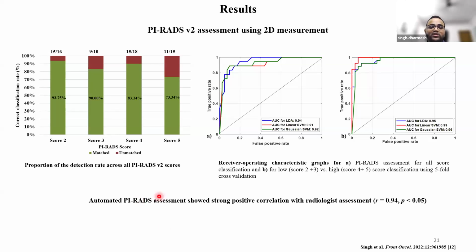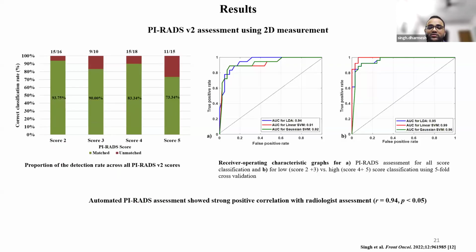On the left, the radiologist-based manual assessment, like our AI-based manual assessment, achieved around 93.75% accuracy for score 2, 90% accuracy for score 3, 83 for score 4, and around 74 or 75 for score 5.